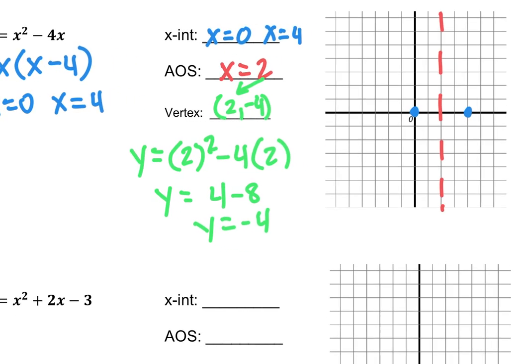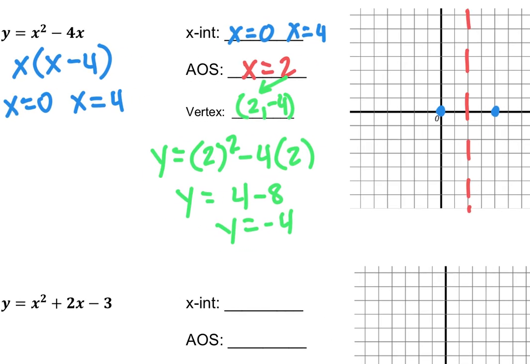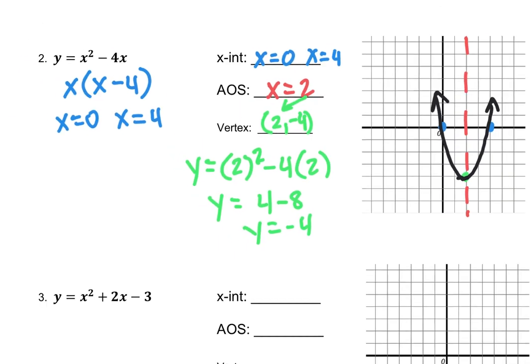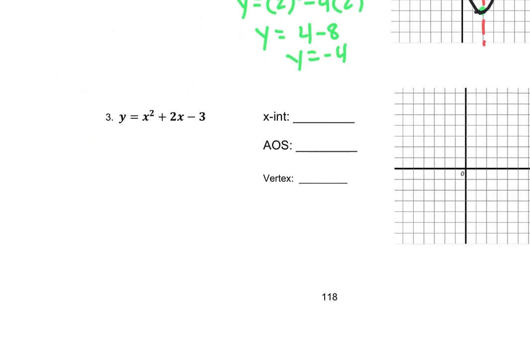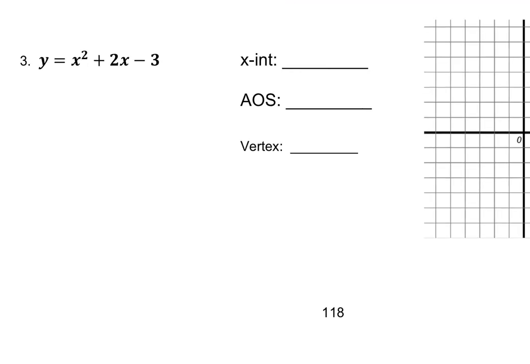So let's go ahead and put in the vertex now. (2, negative 4). 1, 2, 3, 4. Oh, that does not look good. Okay. Not too bad, right?